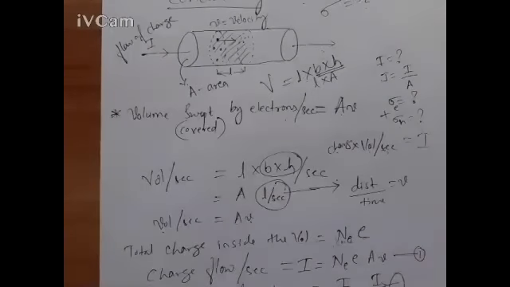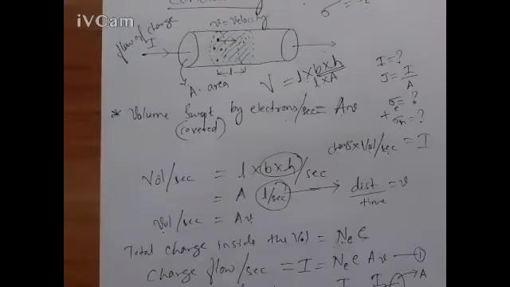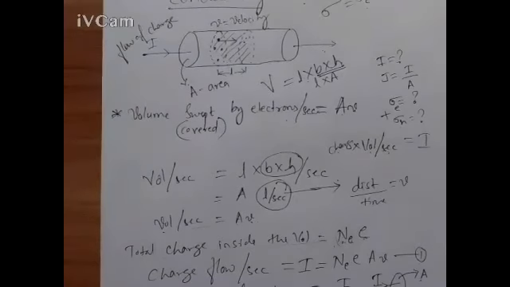This is current I which is flowing, and the cross sectional area is A. How much current is passing per unit area is called current density. Current density is equal to J.